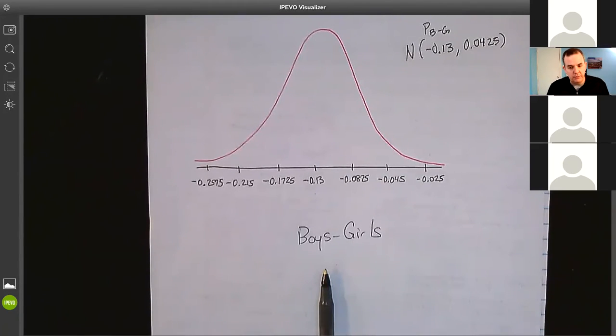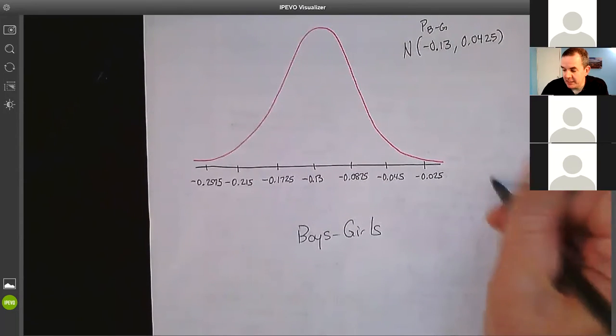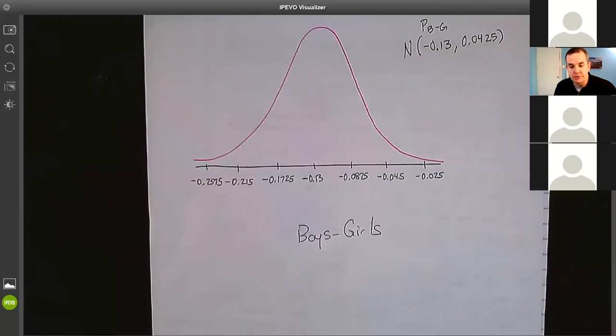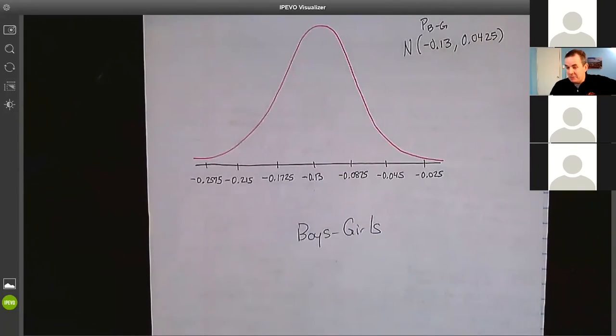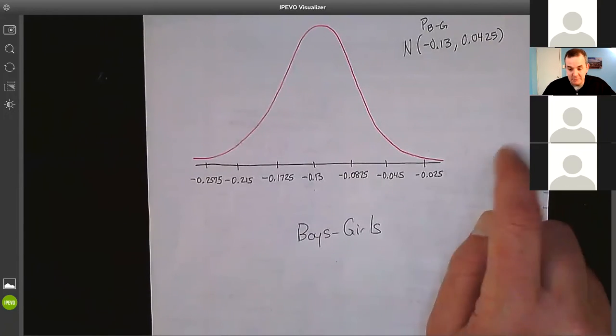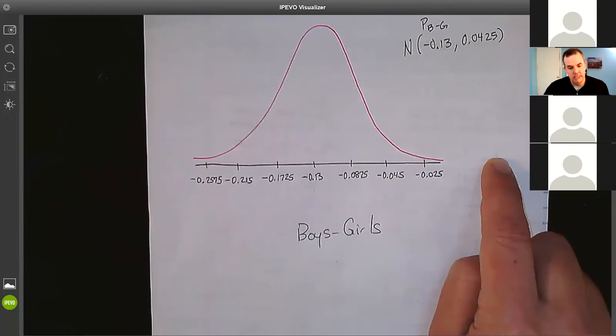Or let's say you pull a sample and you ended up here where the boys were greater than the girls online. I would come back and say, you know that claim you're making that girls are more online than boys? I don't necessarily buy it, because I ended up here, and I shouldn't have ended up here given what you told me.